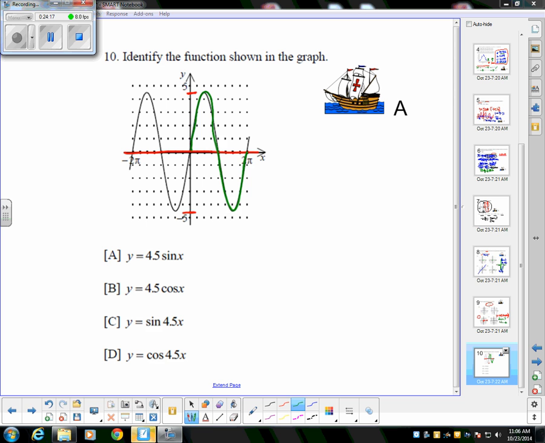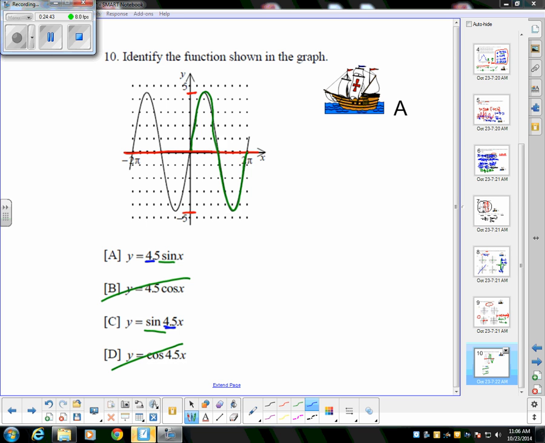So we're automatically dealing with answer choice A or C. So B is not going to work, neither is D. But the next thing we notice, what's the difference between A and C? Well, A has a coefficient 4.5 in front of the sine, and C has a coefficient of 4.5 in front of the x. One of these refers to the amplitude, one of these refers to the B coefficient.